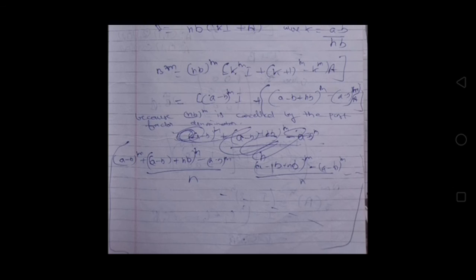So now all the diagonal entries of the matrix B raised to power m will be (a minus b) raised to power m plus [(a minus b plus nb) raised to power m minus (a minus b) raised to power m] divided by n, and all the other entries will be [(a minus b plus nb) raised to power m minus (a minus b) raised to power m] divided by n.